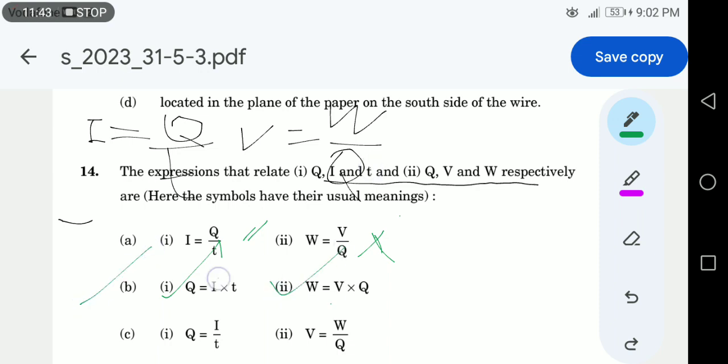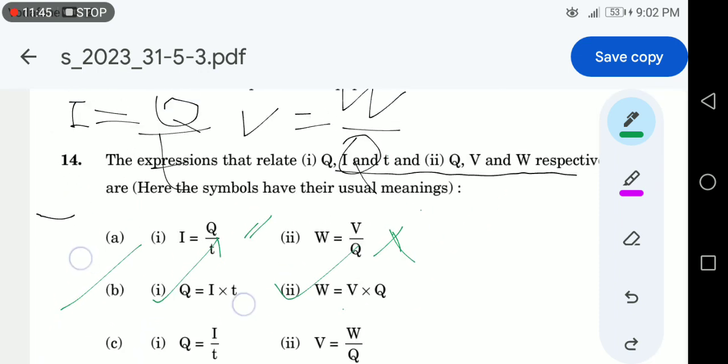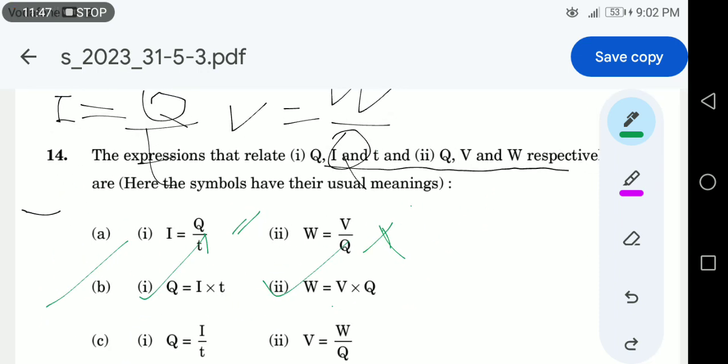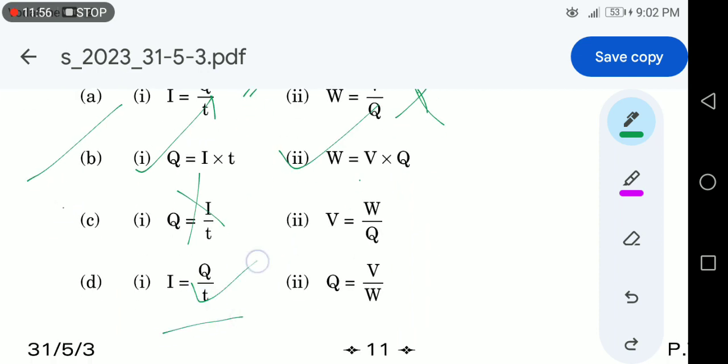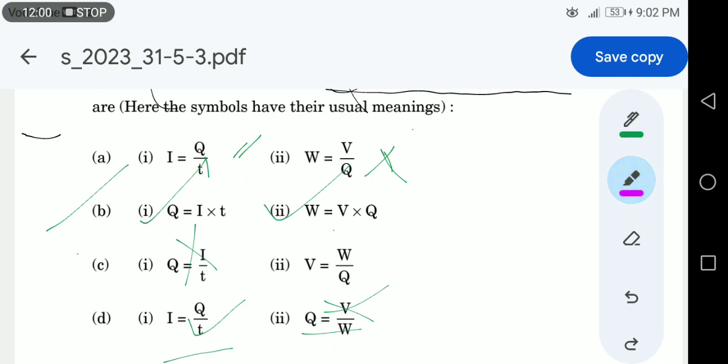So probably this will be the answer. I equal to Q by T, Q equal to I by T, no, Q equal to IT should be. So no, it's not the answer. I equal to Q by T, yes, it is correct. Q equal to V by, no, it's not. So the answer is option B.